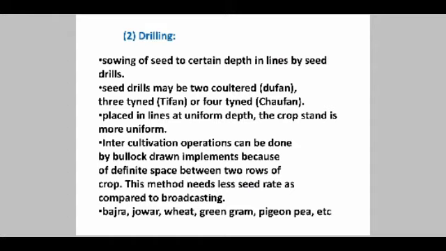Bullocks are also used, so bullock drawn seed drills exist, and newly, as a modern method, tractors are used for drawing the seed drill. Crops like bajra, jowar, wheat, green gram, and pigeon pea are sown this way.